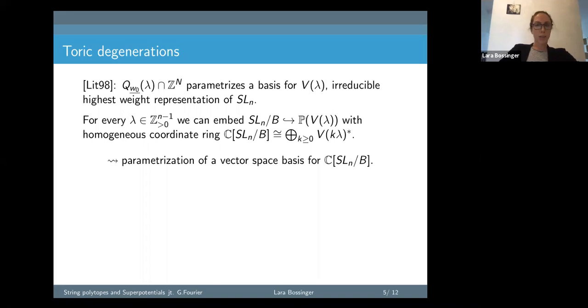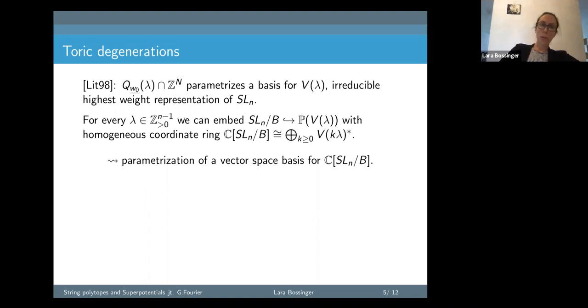And as Benjamin already mentioned, for every integral dominant weight that is additionally supported on every fundamental weight, we get an embedding of SL_N mod B into a projective space, and the homogeneous coordinate ring is a direct sum of duals of representations.